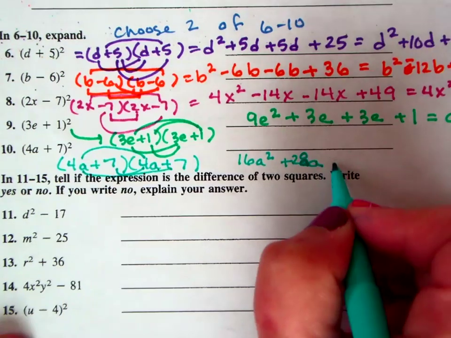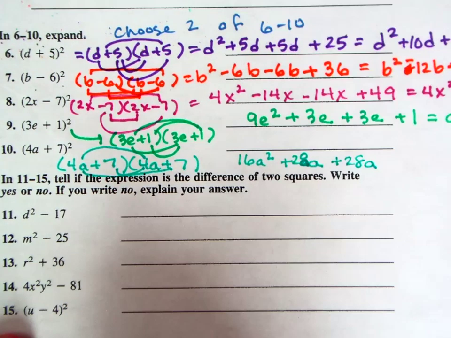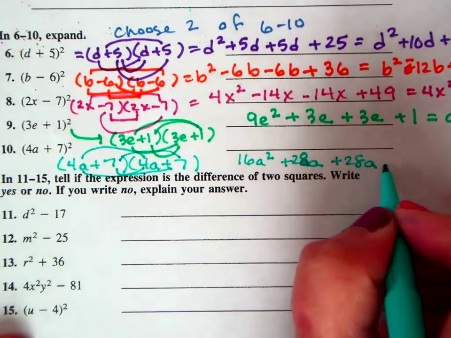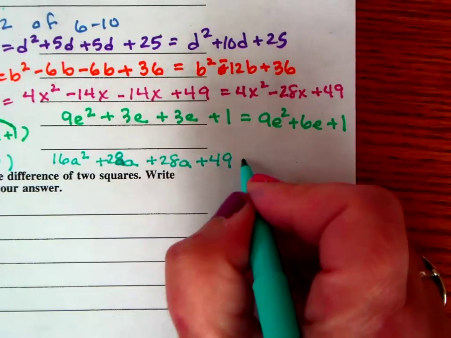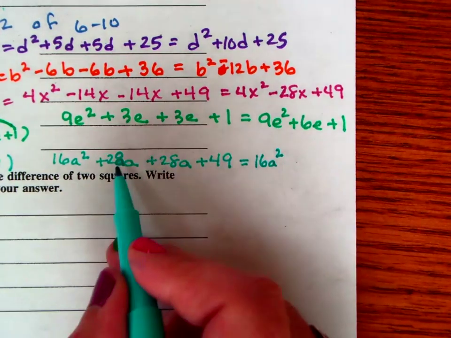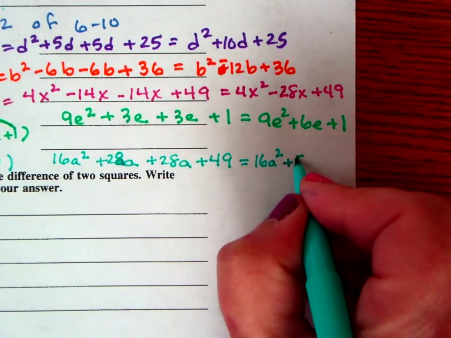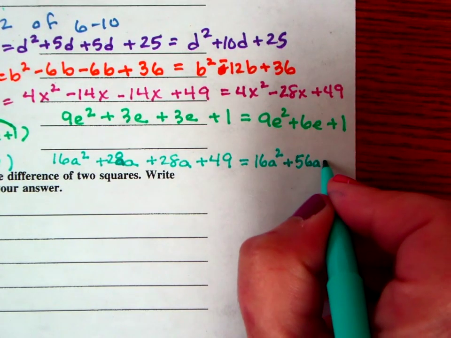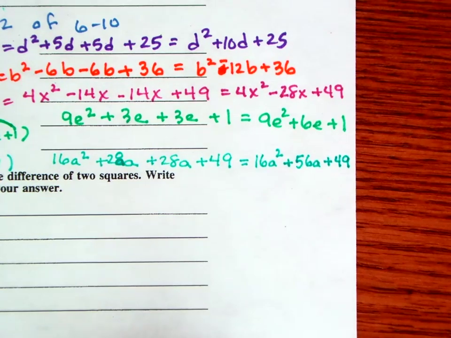This 7 times 4a is also 28a. And the 7 times the 7 is 49. So then when we combine the only two like terms we can, we get 16a squared. 28 plus 28 is 56. And plus 49. So there you go.